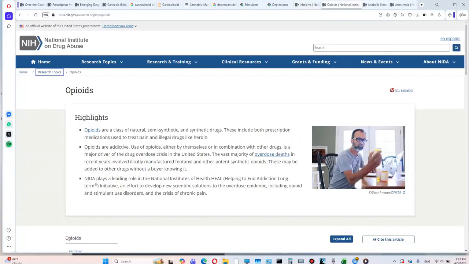Next, from the same source, opioids highlights. Opioids are a class of natural, semi-synthetic, and synthetic drugs. These include both prescription medications used to treat pain and illegal drugs like heroin. Opioids are addictive.